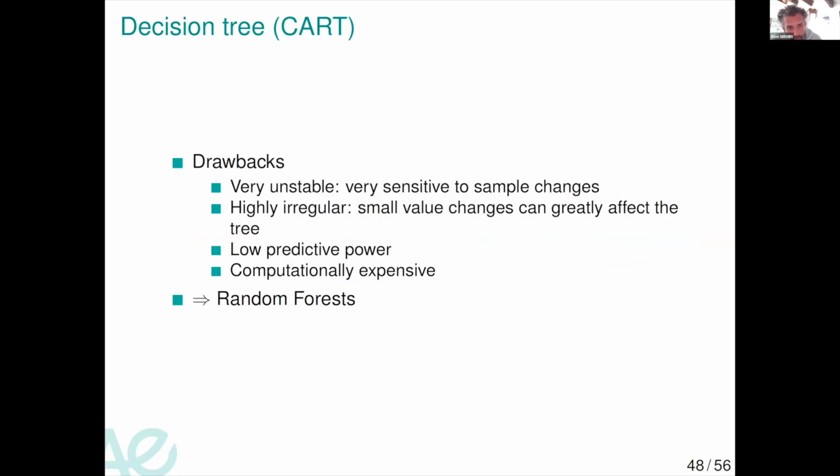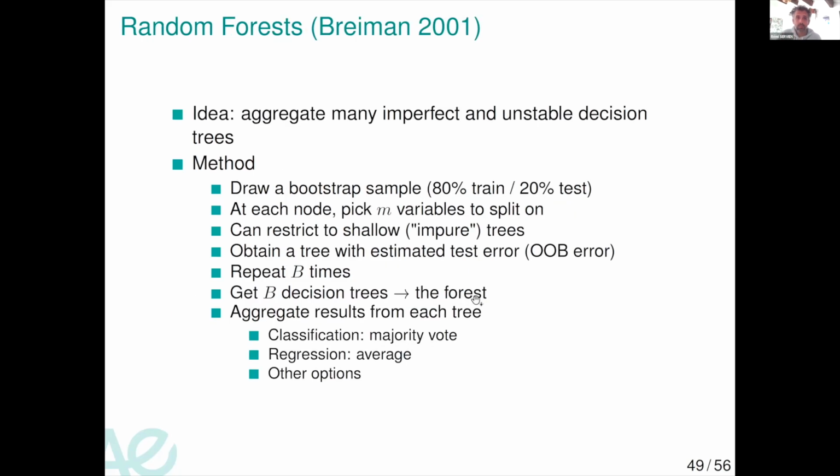So a guy named Breiman came up with the idea of random forest. So what are random forests? The idea is very simple but could seem a little dumb: it is to aggregate many imperfect and unstable decision trees. So first, you don't take your whole sample.